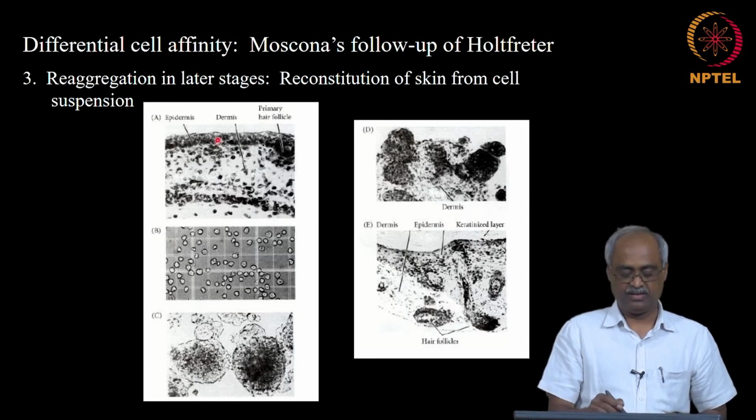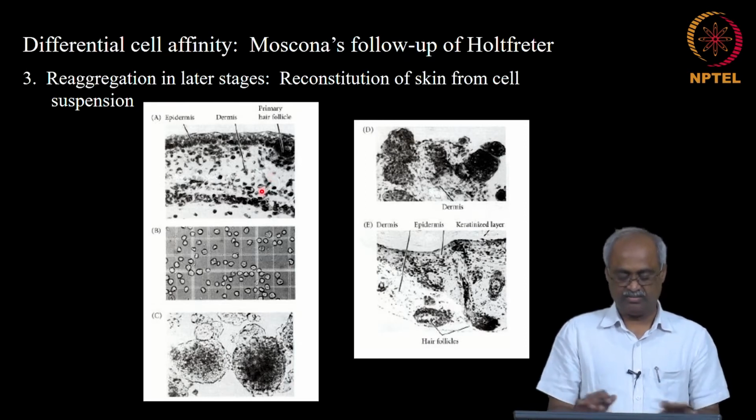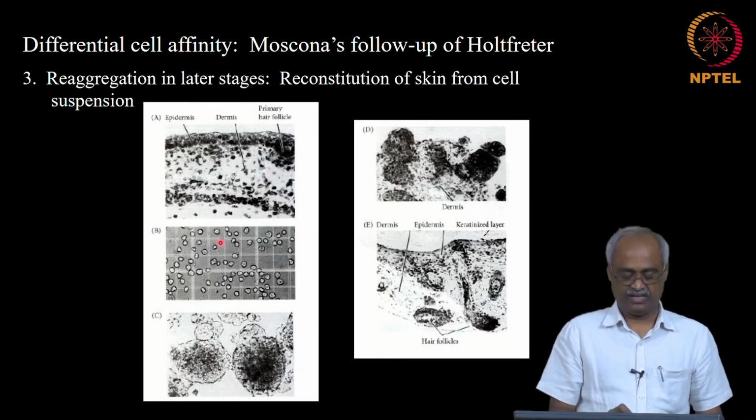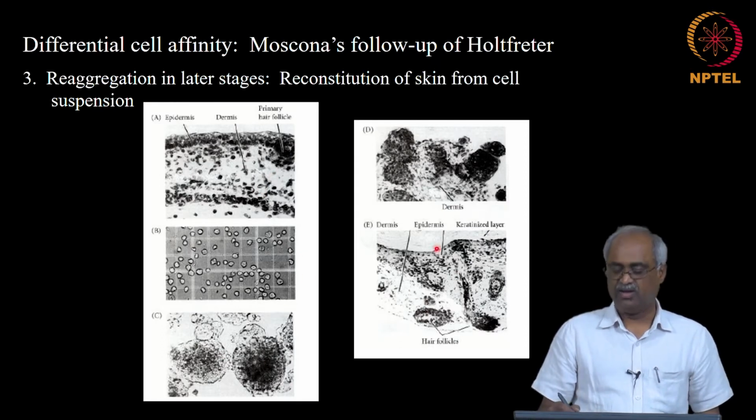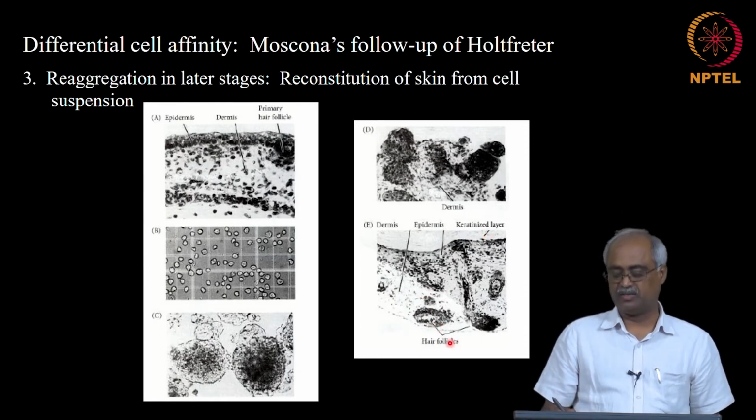When you take skin, separate the cells into a pool, and allow them to organize, they finally organize back into the original organization: epidermis on top, dermis below, and hair follicles within that. So they organize themselves.